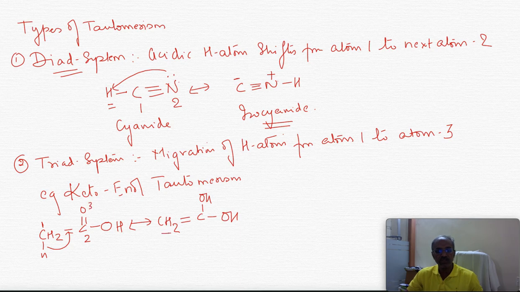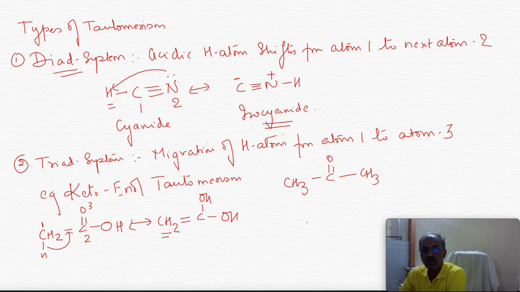So from first atom to second atom, right? Similarly we can take as ketone. It will form CH2 double bond C dash OH dash CH3. That is this acidic hydrogen atom from 1 to 3, the third atom.